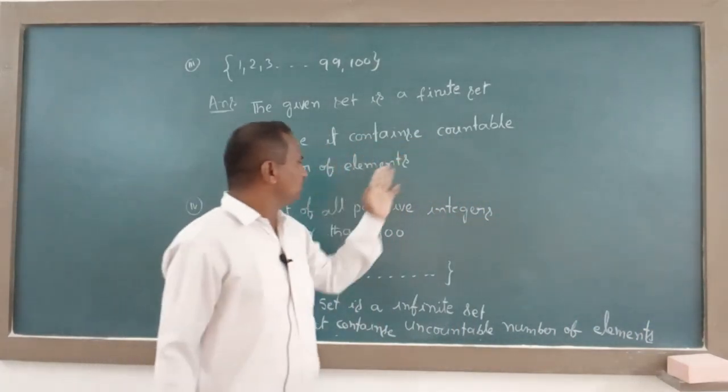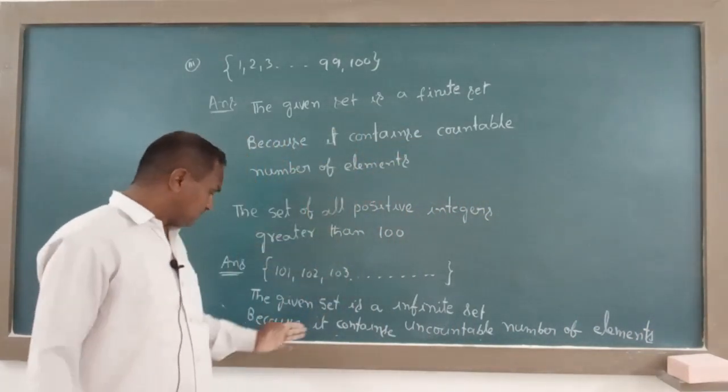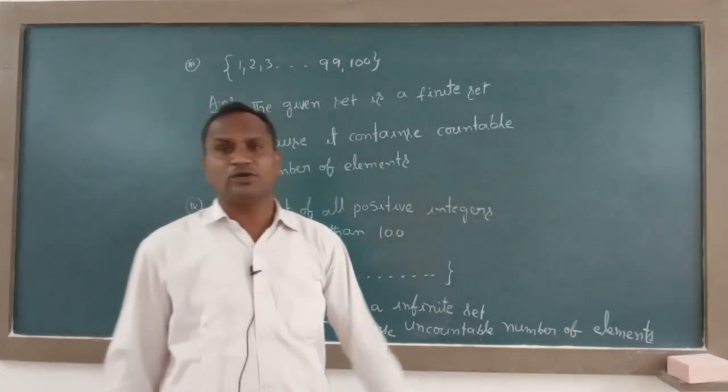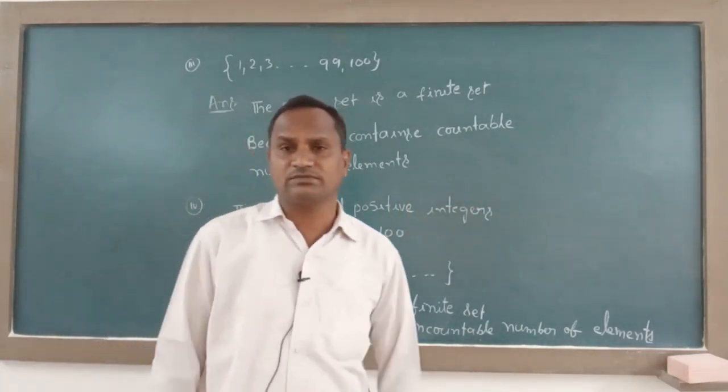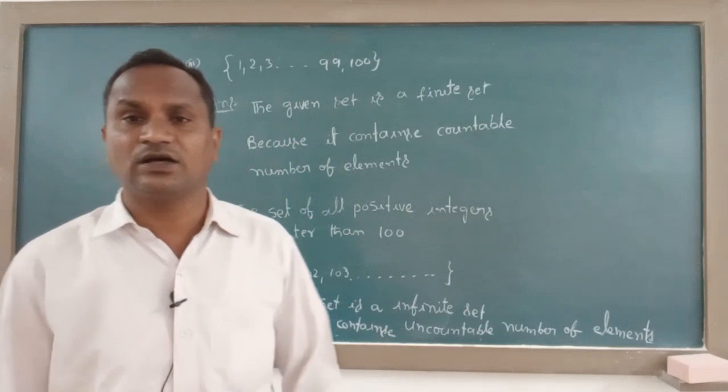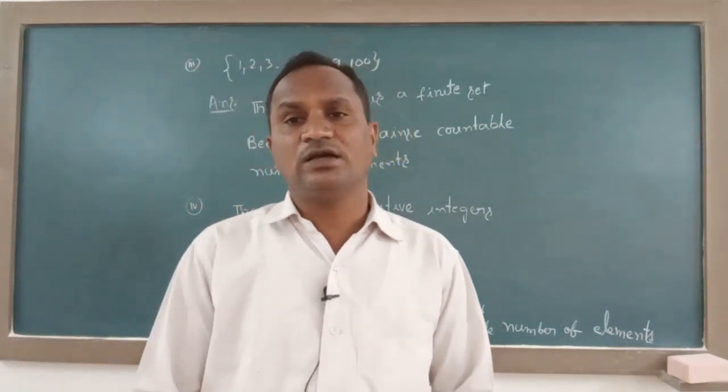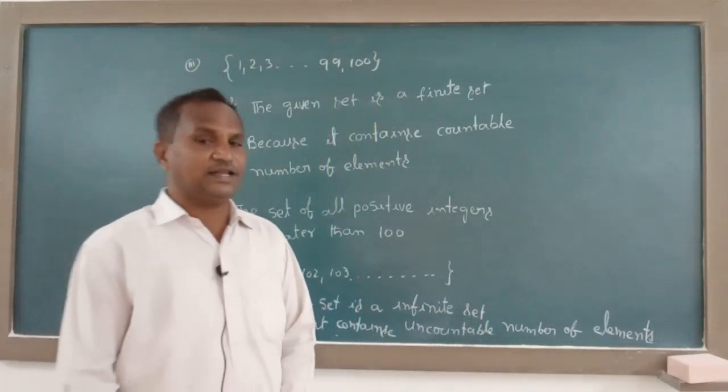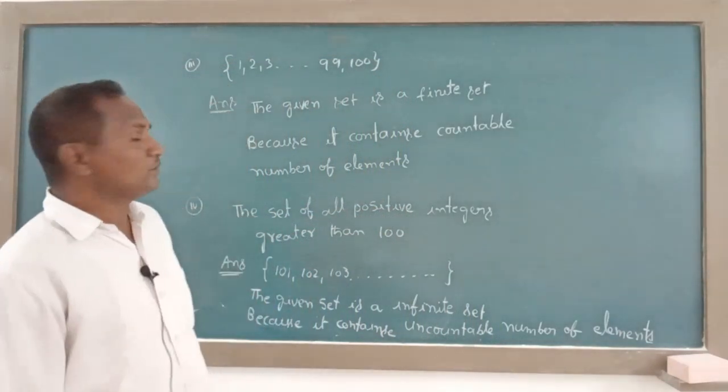If it contains a countable number of elements, it is a finite set. If it contains an uncountable number of elements, we can't count them, and those types of sets are called infinite sets. So now we are going to main question number 3.